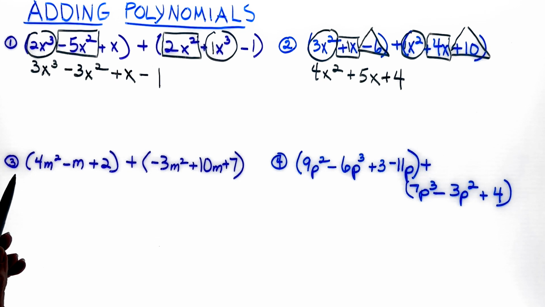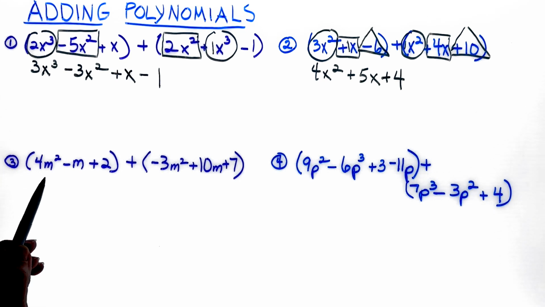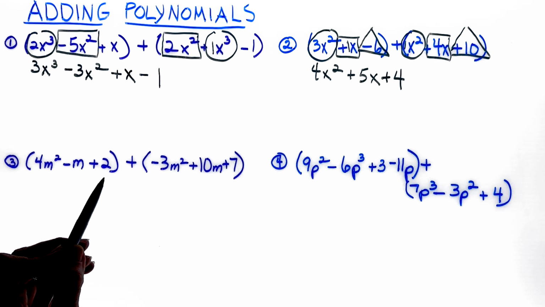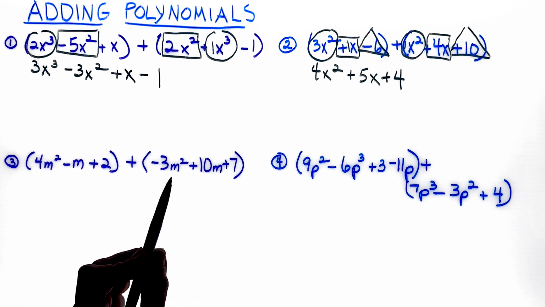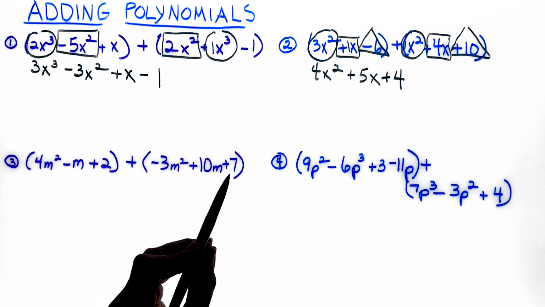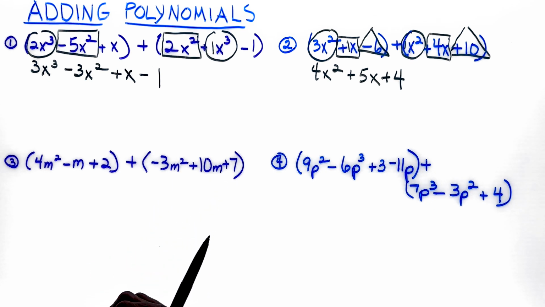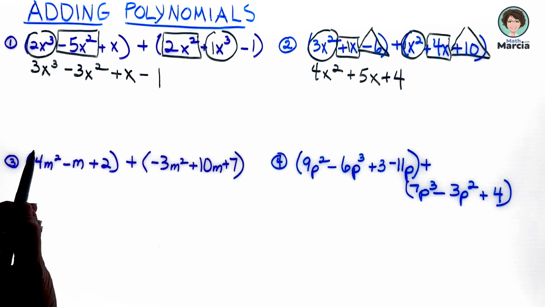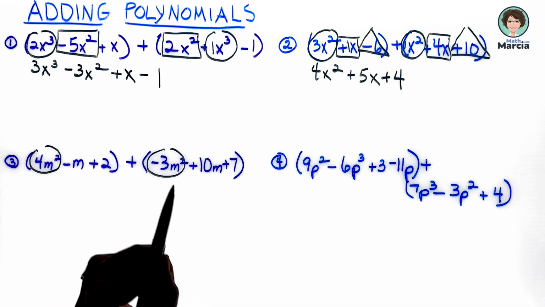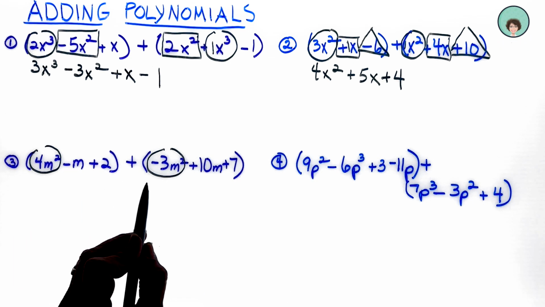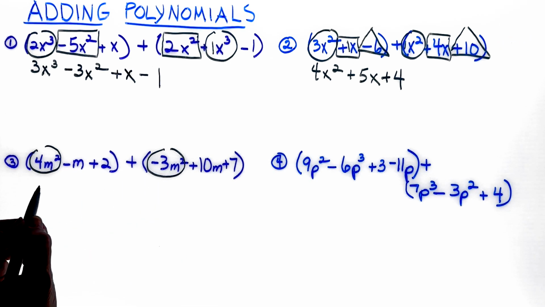So looking at number 3, we have 4m squared minus m plus 2. We're going to add that to the polynomial of negative 3m squared plus 10m plus 7. So I'm looking, again, I see m squared is my highest exponent. So a 4 plus a negative 3 is just going to be an m squared.